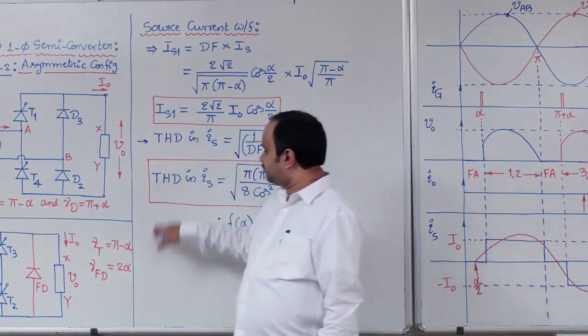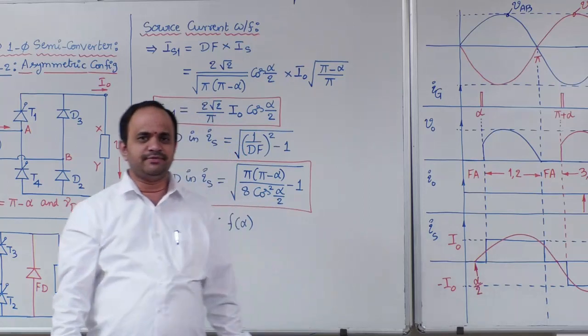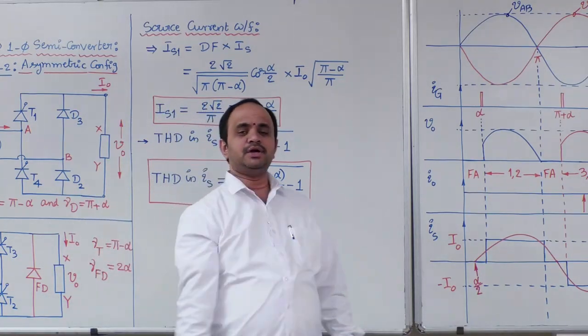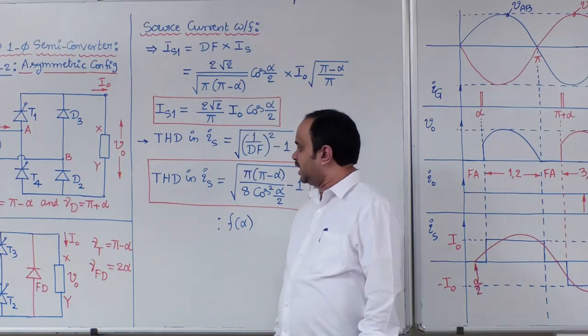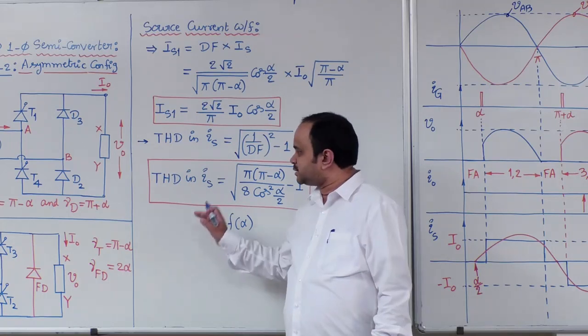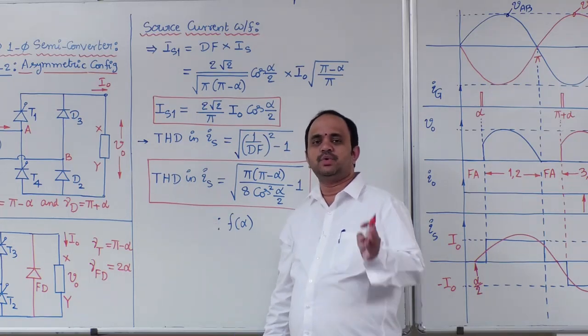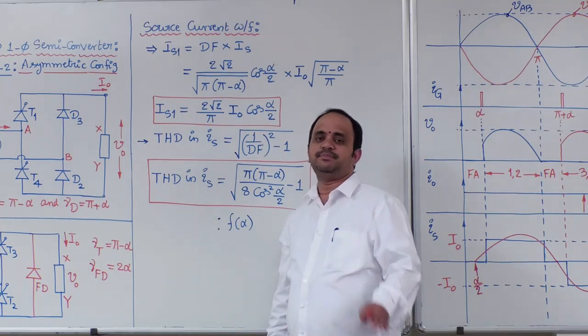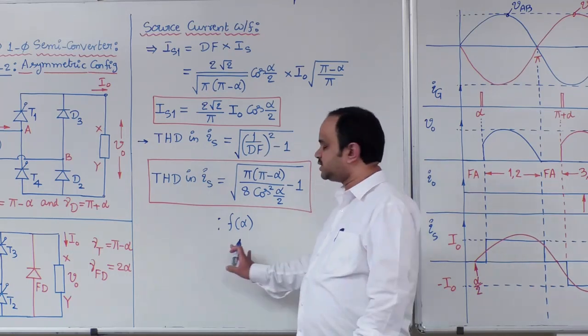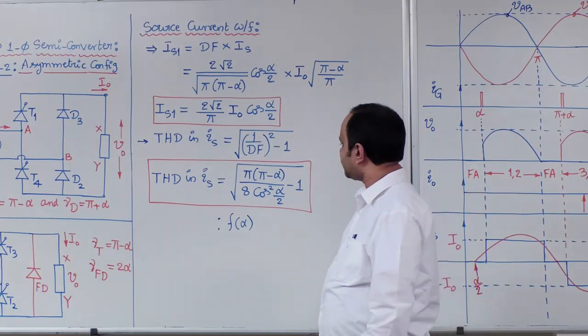Of course, completely less than 5% is very difficult to obtain with the firing angle control, but it can be controlled to some extent. But what is the limitation of single phase semi converter? This particular circuit is suitable only for motoring application, but not for braking application. Okay, that is the limitation here.